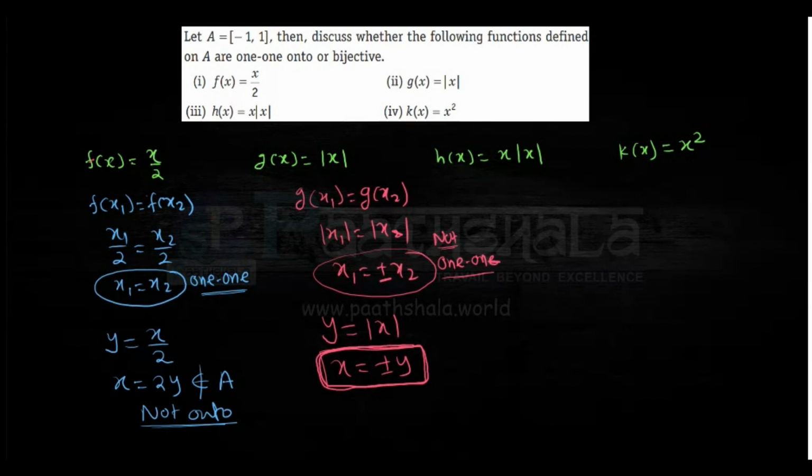So here we can clearly see, if x is the input, then we will get two outputs, one is plus y and the second one is minus y. So it does not belong to A. So it is not an onto function.